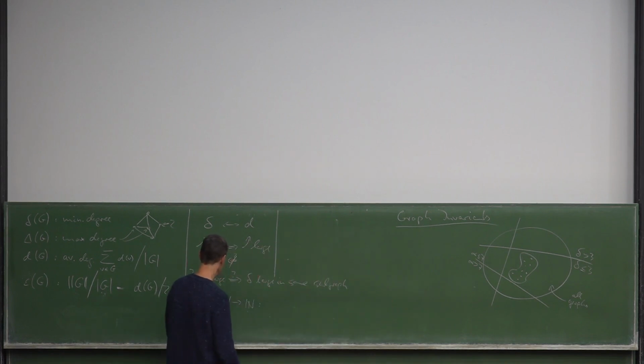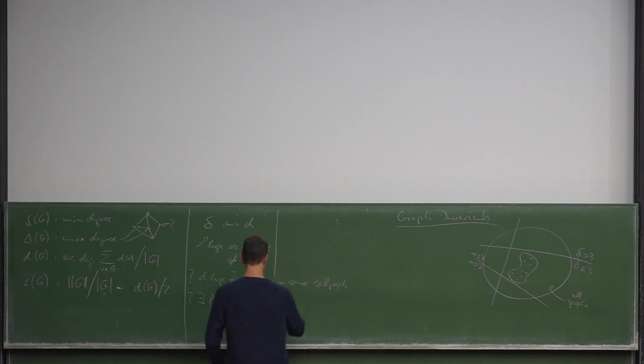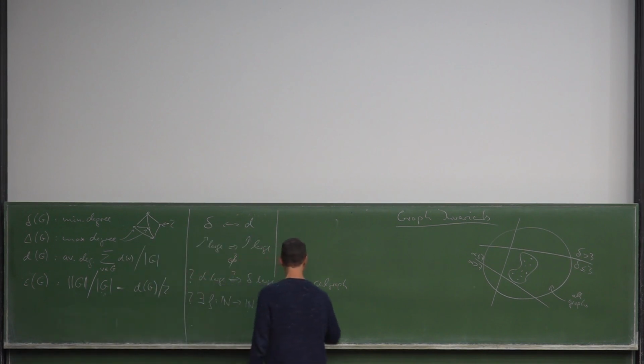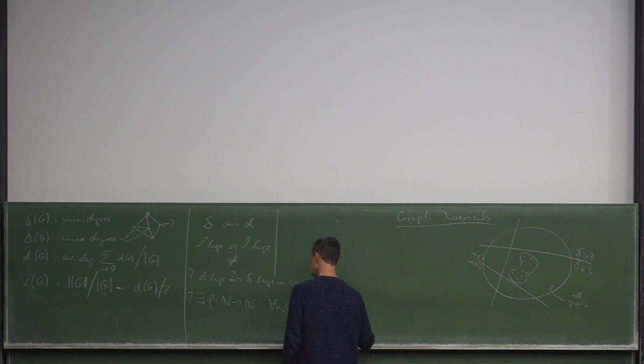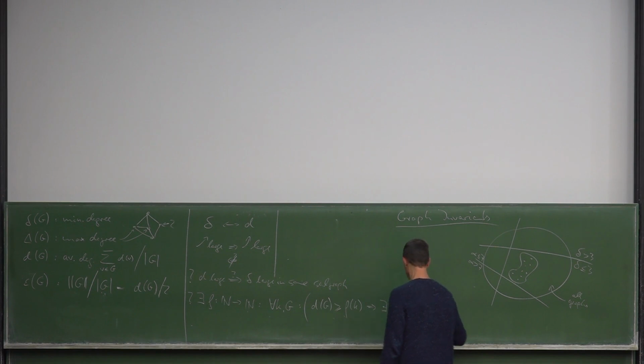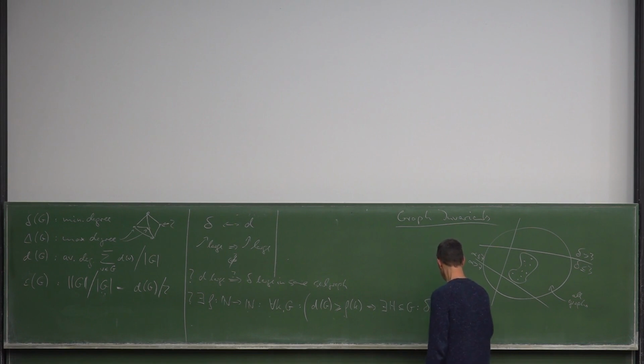There exists a function f such that for every k and every graph G, k is the target min degree. The following is true. If the average degree of G is at least f of k, then there exists a subgraph H whose min degree is at least the desired k.